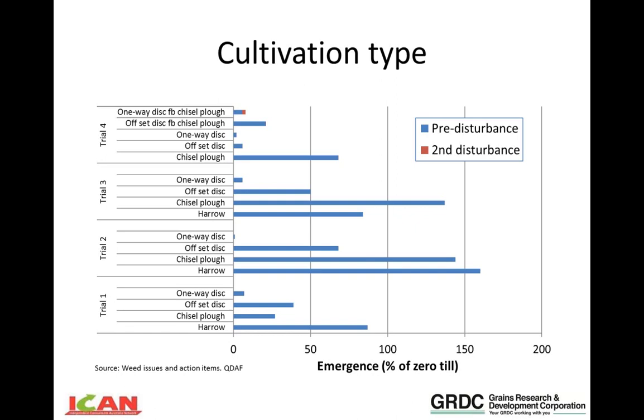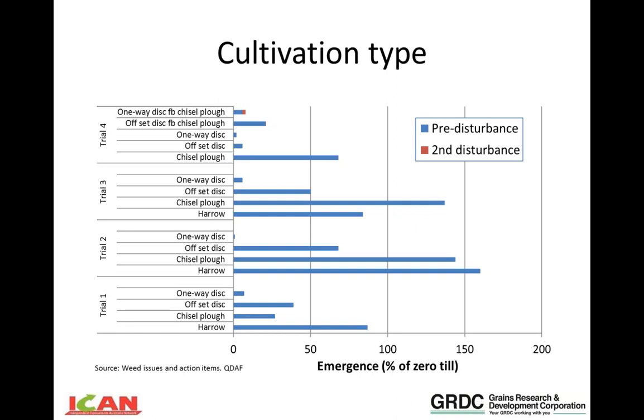In trial 4 there you can see that we put on a second pass. So that was put on, I think, about 3 months after the first pass. And the idea behind it was to see if we put on a second pass, does that increase emergence by bringing some of that buried seed back to the soil surface. We only did that for the very 2 top treatments there, which was the offset disc followed by the chisel plough and the one-way disc followed by the chisel plough.